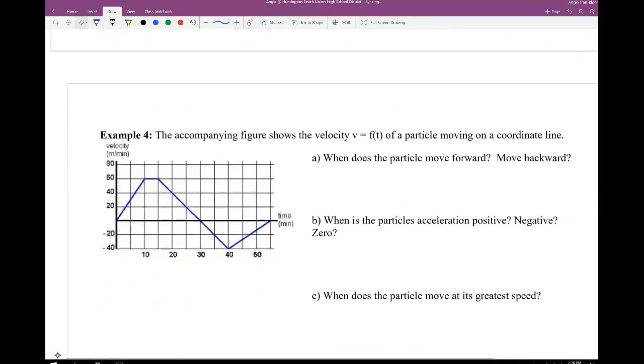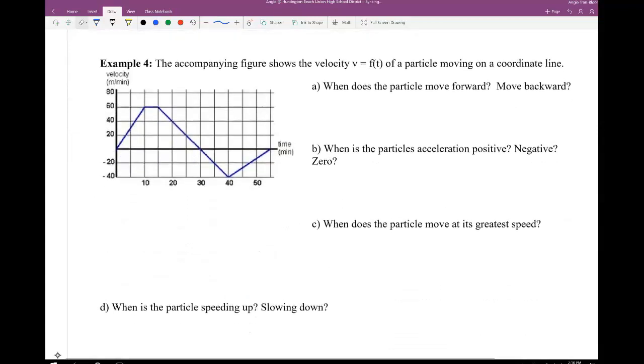Okay, now if I'm going too fast, please do tell somebody to hit pause, okay? Example 4. The accompanying figure shows the velocity. Oh, so this is S prime. Oh my goodness. Okay.